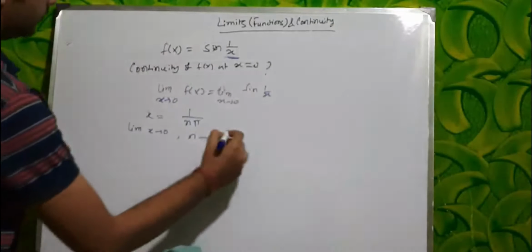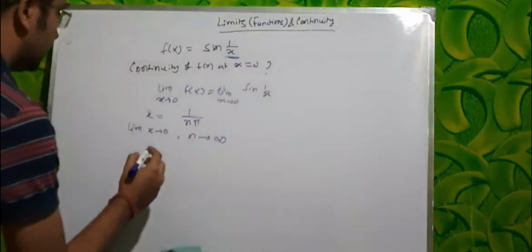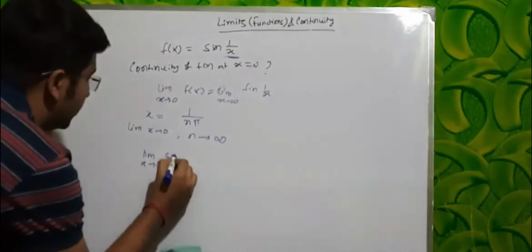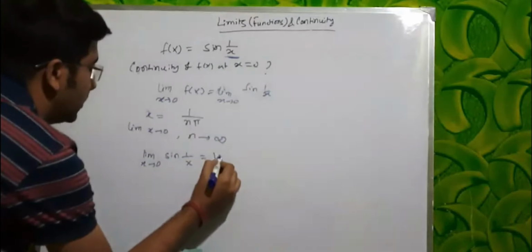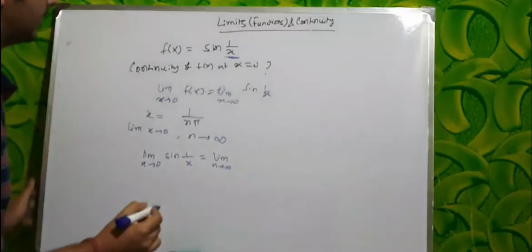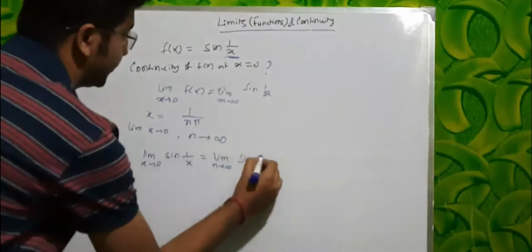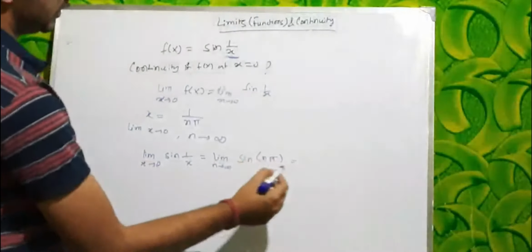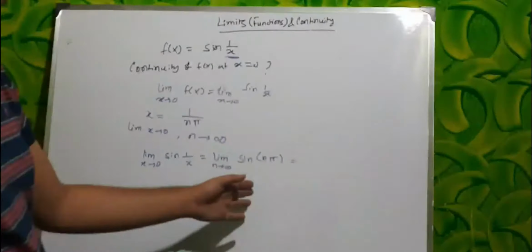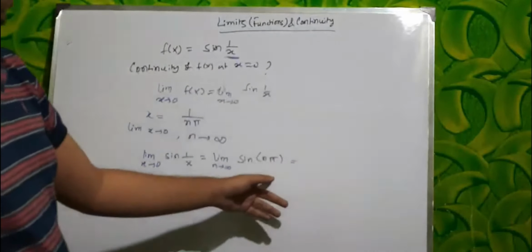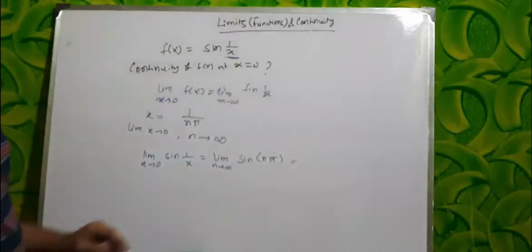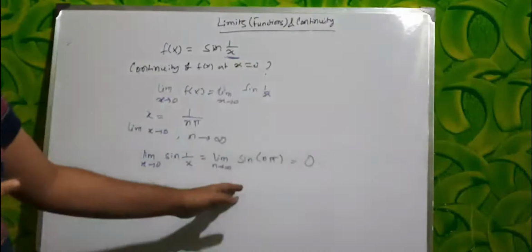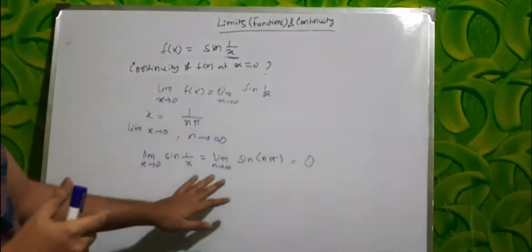Now we put this information in this f of x. So if I write limit x tends to 0 of sine of 1 by x is similar to limit n tends to infinity of sine of n pi. I am using a dummy variable, so that is nothing different, so you can always do that. And by the general solution of trigonometric equations, we know that this value is always going to be 0. So sine of n pi is always 0. We don't have to check if n is going to infinity or anything else. So it is always 0.